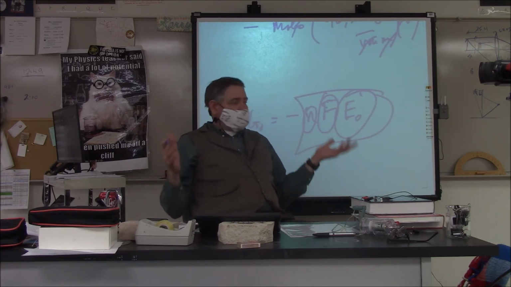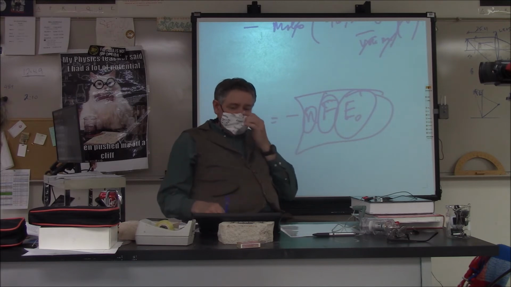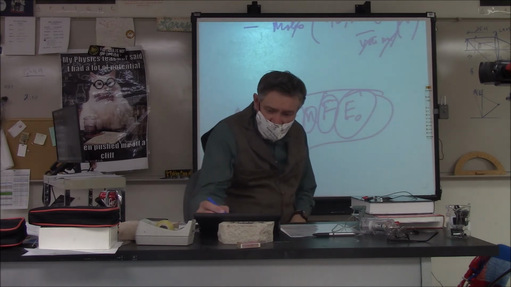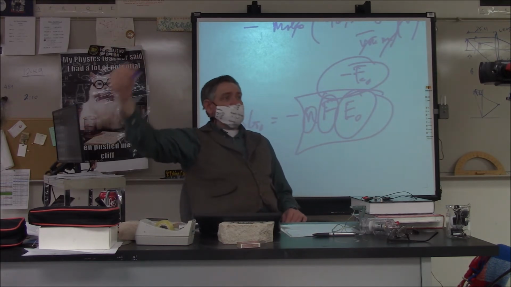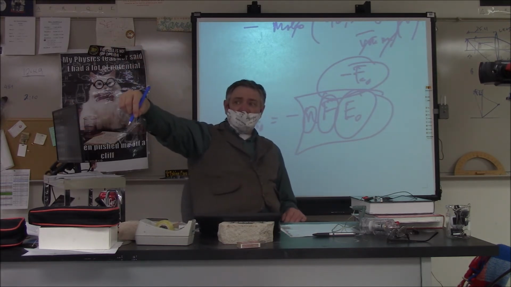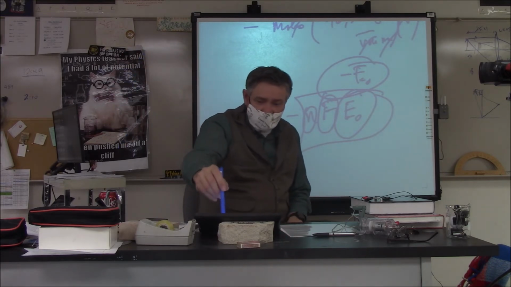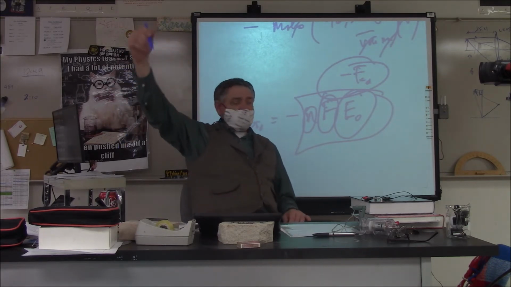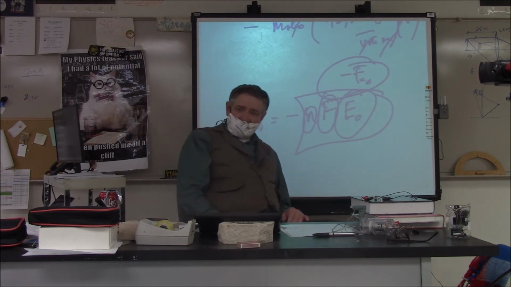There's nothing to be gained. You're at the bottom of the energy well. Now, if you have a negative E naught value, what do you know about the reaction? It's non-spontaneous. Then you're going to have a negative times a negative. You're going to get a positive delta G. Guess what? It's non-spontaneous.